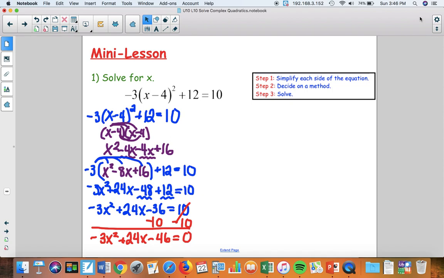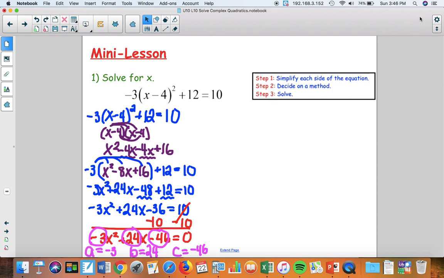So for the quadratic formula, we are going to need to identify A, B, and C. So A is negative 3. It's the number in front of x squared. B is a positive 24. And C is a negative 46.